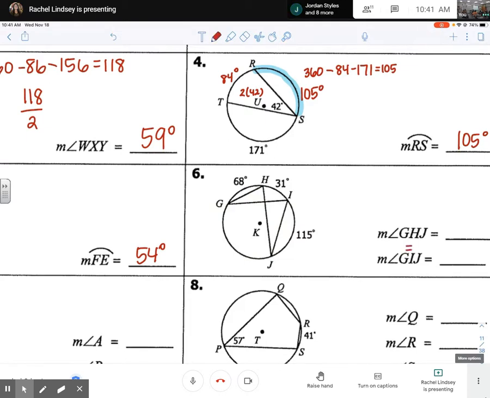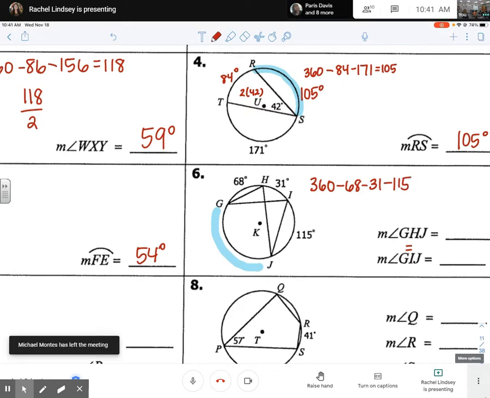First, we need to find this arc right here. So I'm going to do 360 minus 68 minus 31 minus 115. I'm taking away all the other arcs to find the one that's left over. That's 146.